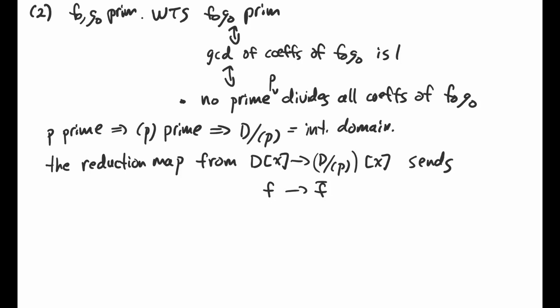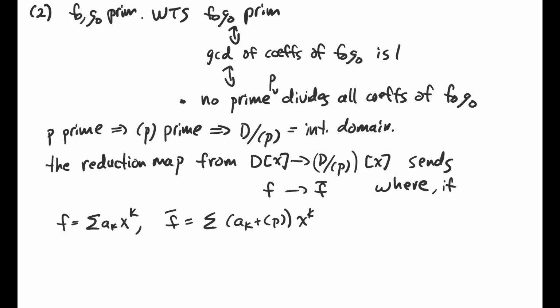It sends a polynomial f to, we usually call it f bar of x, where if you start with the polynomial f as the sum of a_k x^k, the image under the reduction map is called f bar, and it's the sum of a_k, viewed as an element of D mod p, times x^k. So if we were doing this mapping from Z coefficients to Z mod p coefficients, we're just changing all the coefficients from integers to viewing them as that same integer in that congruence class.